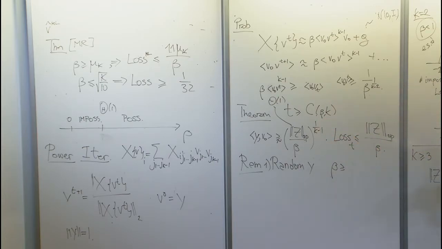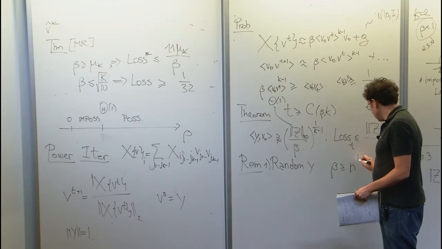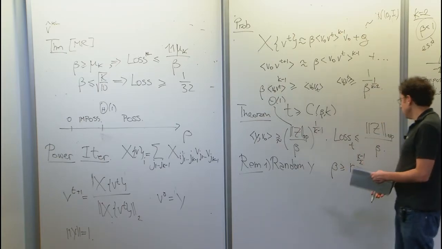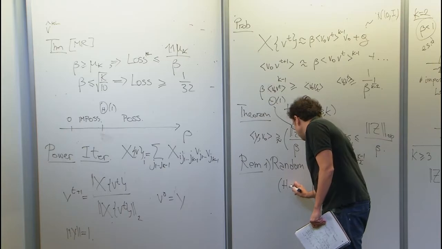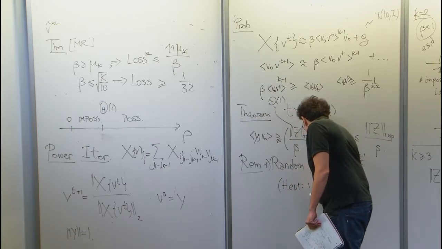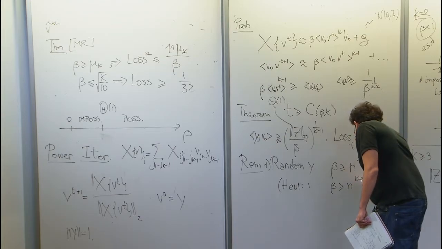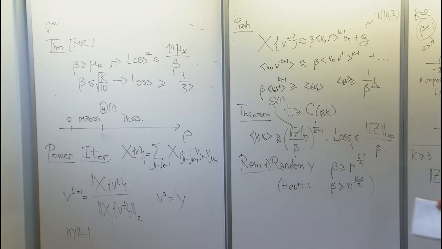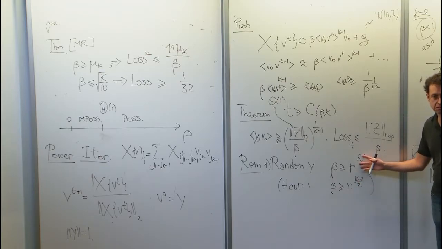Anyway, for random initialization, this guarantees that the algorithm converges if beta is bigger than n to the (k minus 1) over 2. So this is what the theory says, and the heuristics say something similar. The heuristics say this, the theorem says this.